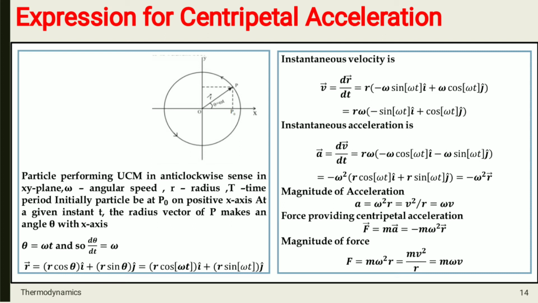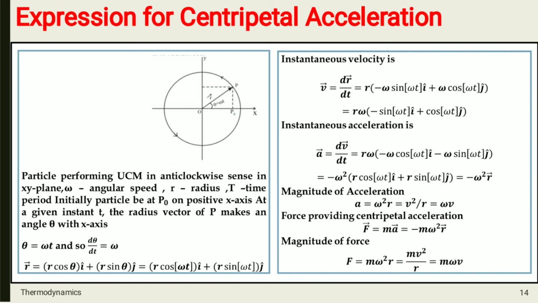Now if you take the derivative of the equation of r bar, which is r cos omega t i cap + r sin omega t j cap, you will get r[-omega sin omega t i cap + omega cos omega t j cap], which is equal to r omega.